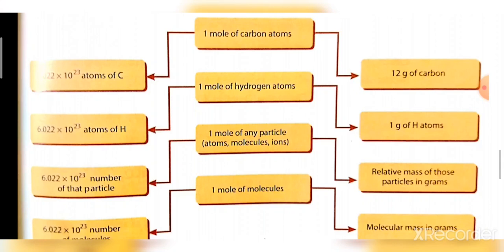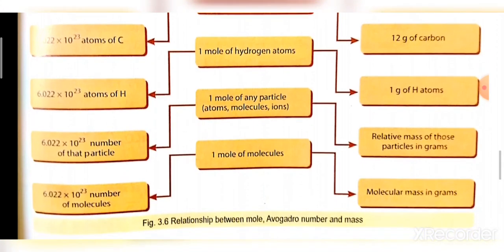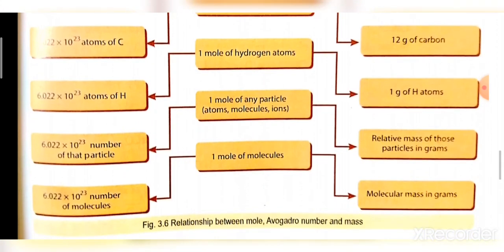See another example, 1 mole of hydrogen atoms, 1 mole of any particle, 1 mole of molecules. Everything is equal to the relative mass in grams or the molecular mass in grams, and that will be equal to Avogadro number also. So 1 mole is equal to Avogadro number, which is also equal to the atomic or molecular mass of that particular element or compound, or ion also we can take. So this is the relationship between mole, Avogadro number and mass.